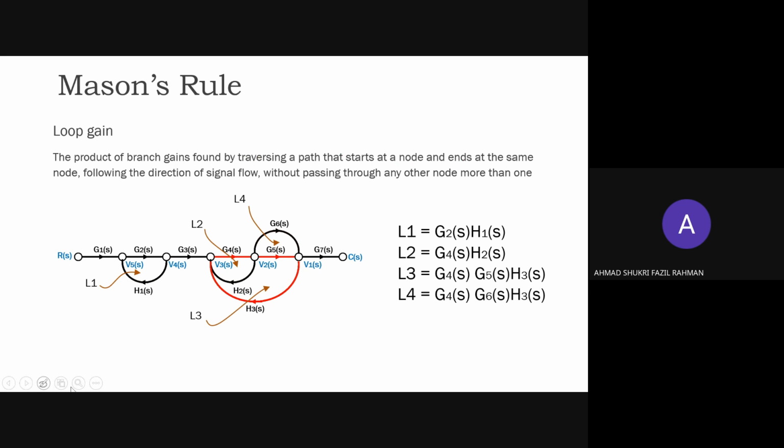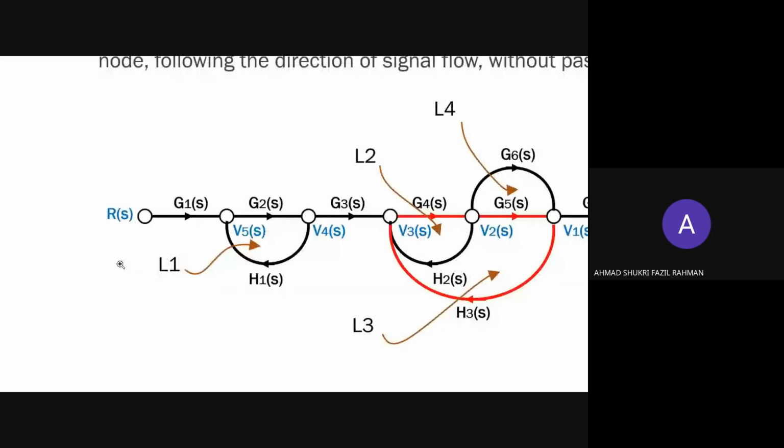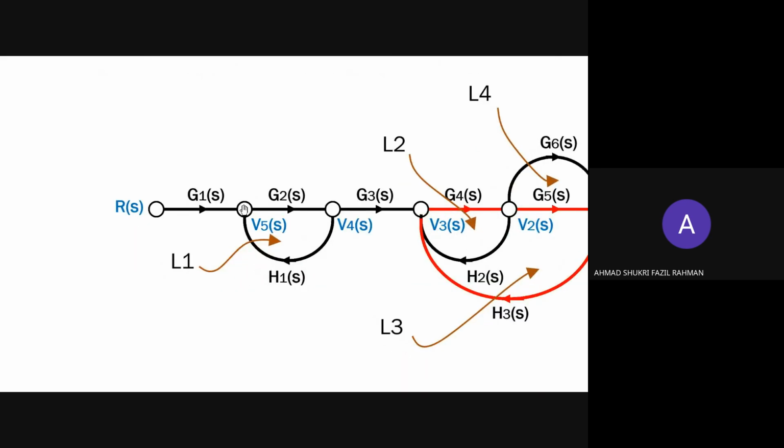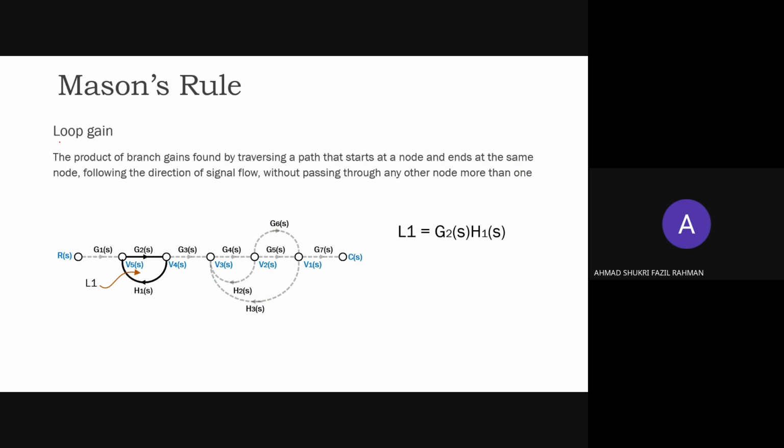So you can see from this example, we look at the easiest one. The node starts from here, and then the route starts to move. Observe the direction. Move here, and then it will go back, eventually meeting at the same node. So that one is what we call a loop gain.